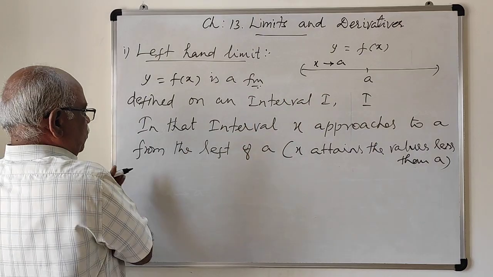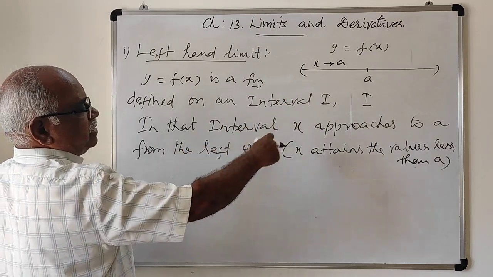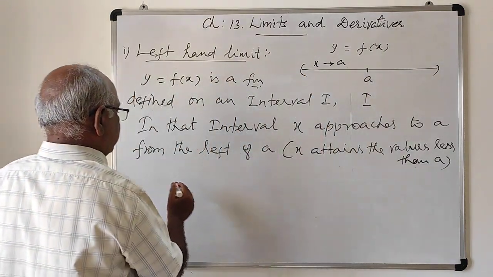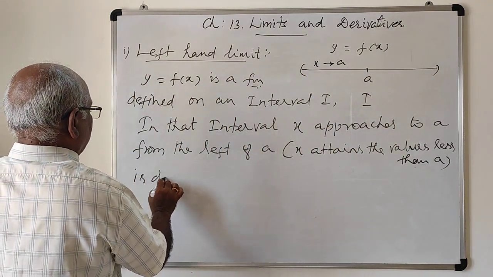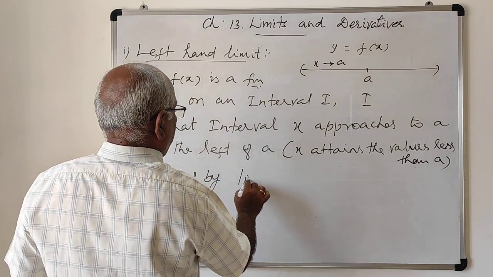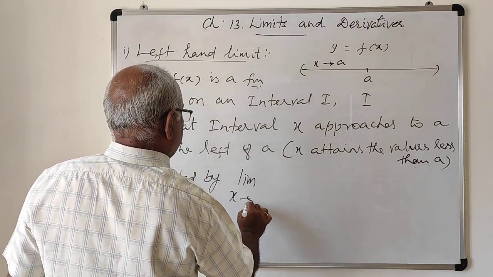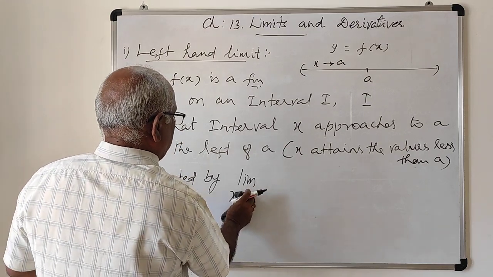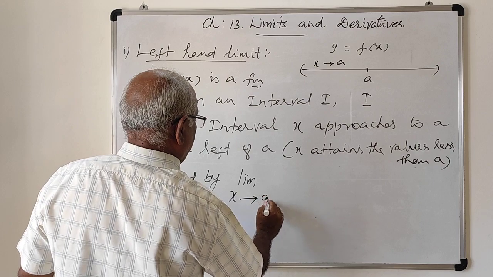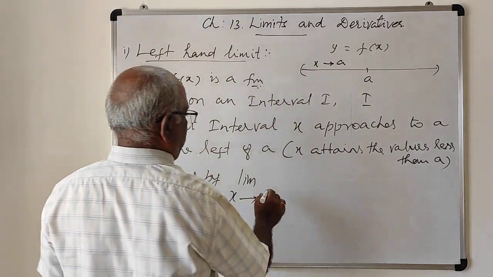When x approaches a from the left of a, that is, x attains the values less than a, it is denoted by limit x tends to a minus.